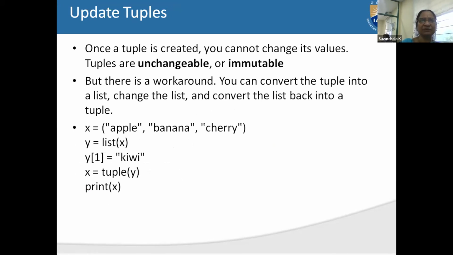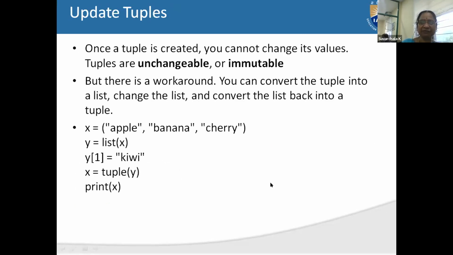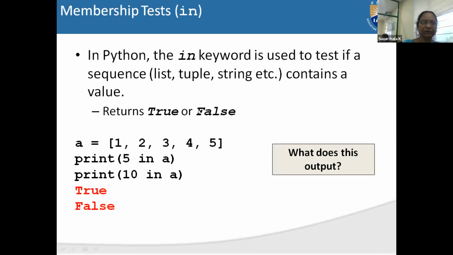So now you observe. Tuples can be created and we cannot change the values, but we can check whether a particular item exists in my tuple or not. Similarly, you can use it for tuple also. Same thing I will write for a tuple.